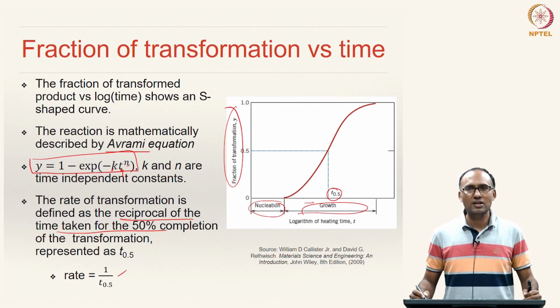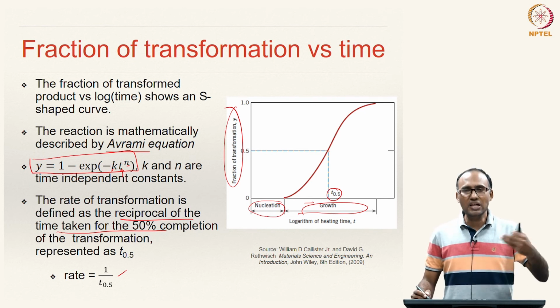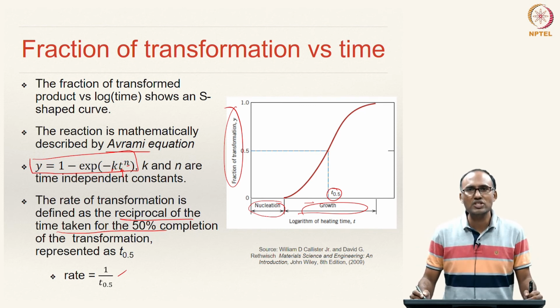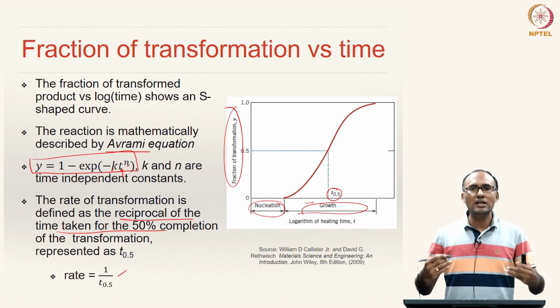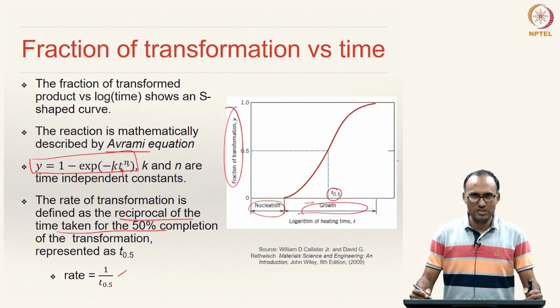Then we have discussed the concept of nucleation rate, and we have shown that the nucleation rate is going to have a maximum at a certain temperature. The maximum value of heterogeneous nucleation rate occurs at a higher temperature compared to homogeneous nucleation, and the degree of undercooling required for heterogeneous nucleation is less than the degree of undercooling required for homogeneous nucleation.